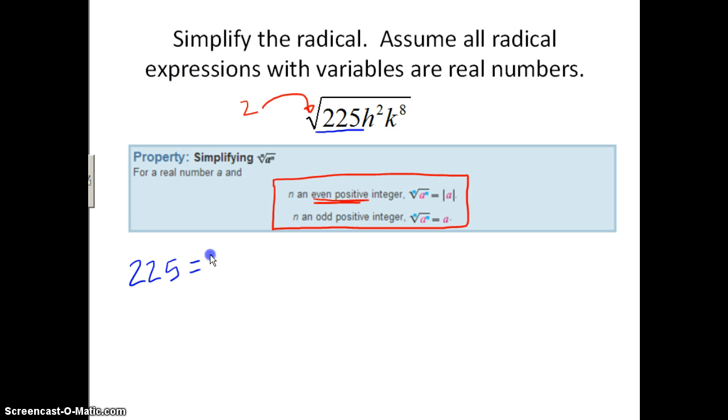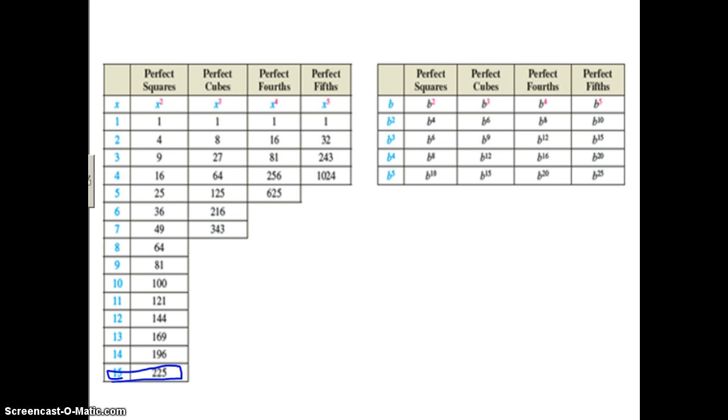H squared is just h squared, so we don't need to do anything to that. And k to the 8th is a perfect square as well. If you look in your list of variables, they have b to the 8th here. B to the 8th is a perfect square, because b to the 8th is b to the 4th squared.